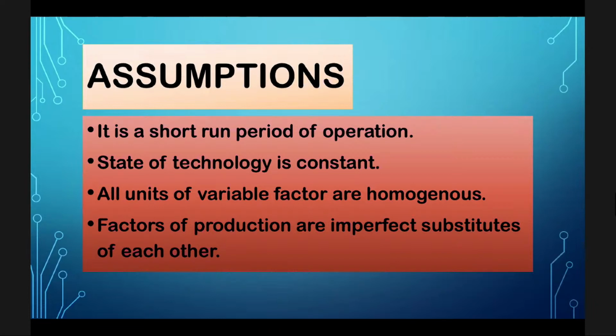If the accounts teacher is absent and the economics teacher comes to teach, she can teach, but not as well as your accounts teacher, because she is an imperfect substitute. Similarly, land is an imperfect substitute of capital. Capital is an imperfect substitute of labor. Labor cannot be a good substitute for a machine. The work that the capital can do, labor cannot do. So factors of production are imperfect substitutes of each other.